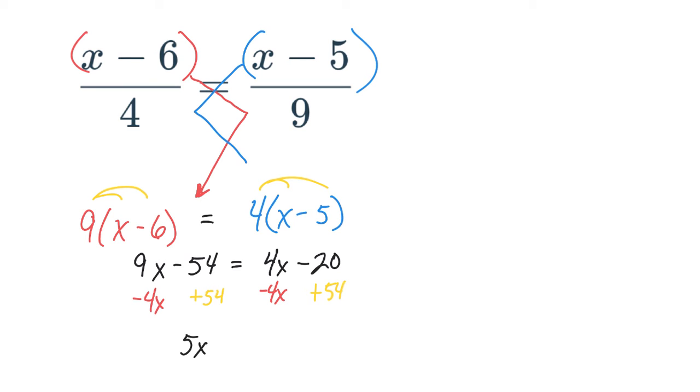So that would be a positive 34. And then the last thing we need to do is to get x by itself, we need to divide both sides by 5. So in this case, we end up with a fractional answer of 34 fifths.